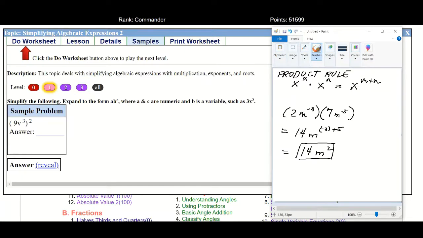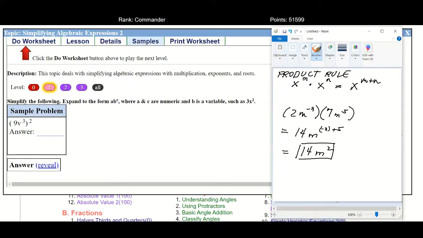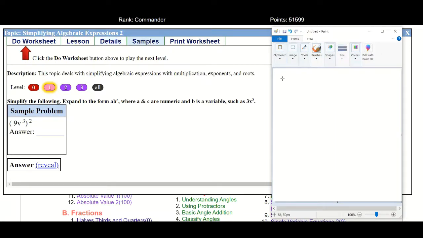Pag naman ganito, meron tayong exponent 3 and 2, and yung 3, ang base niya ay v, ang 2, ang base niya ay yung kabuuan na 9v cube, hindi na siya product rule. Ito na yung gagamitan natin ng tinatawag na power rule.